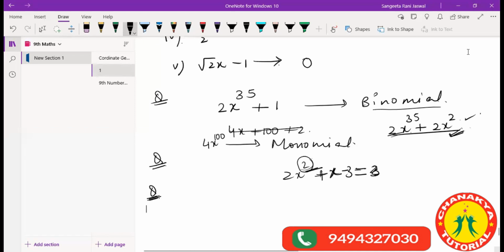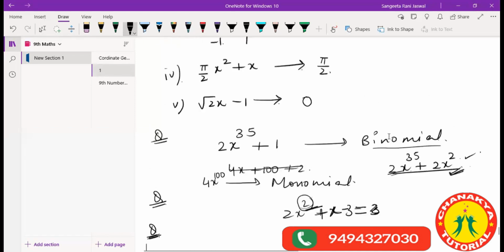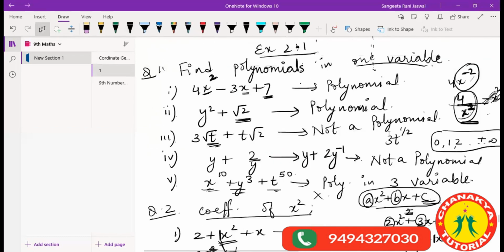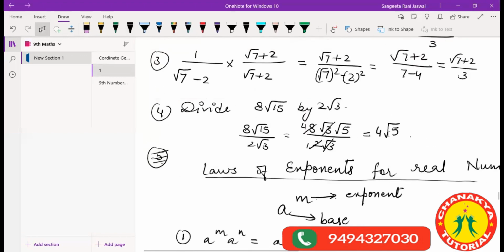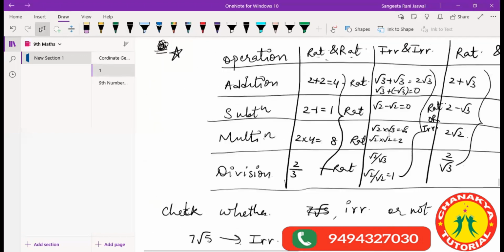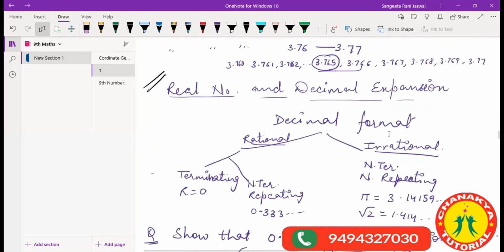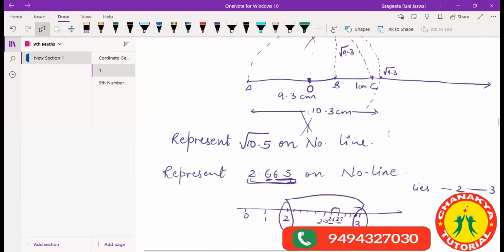Yes. If we want to locate 9.3 on a number line, we should first mark 9.3 on the scale, then extend it by 1 unit, right? 1 centimeter. No, listen here.